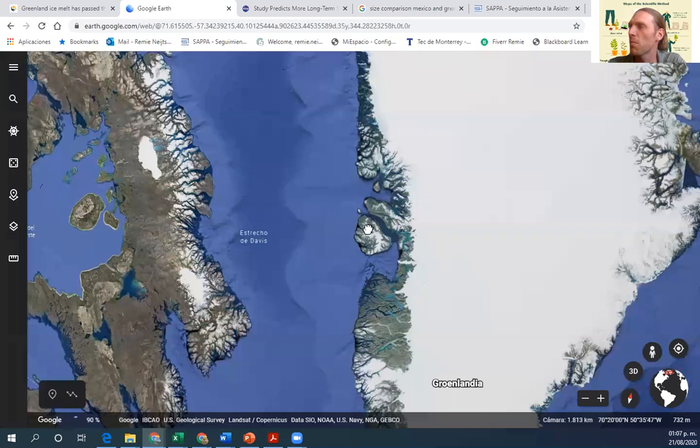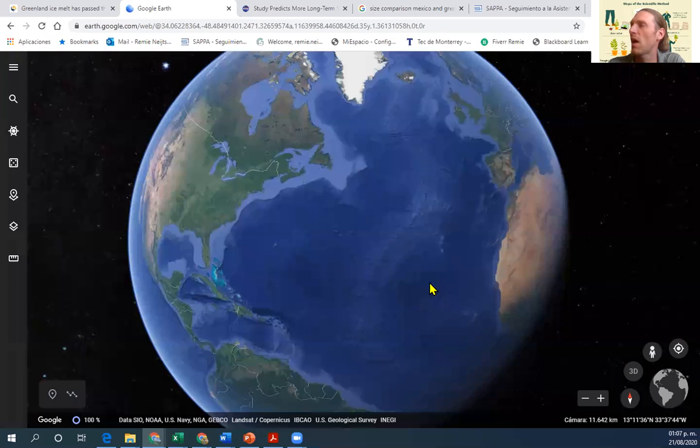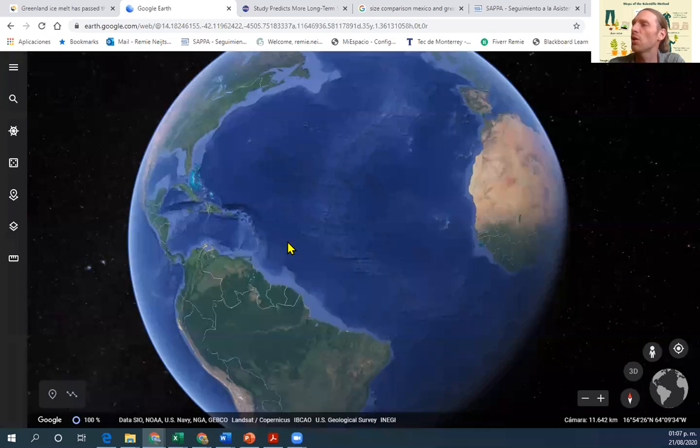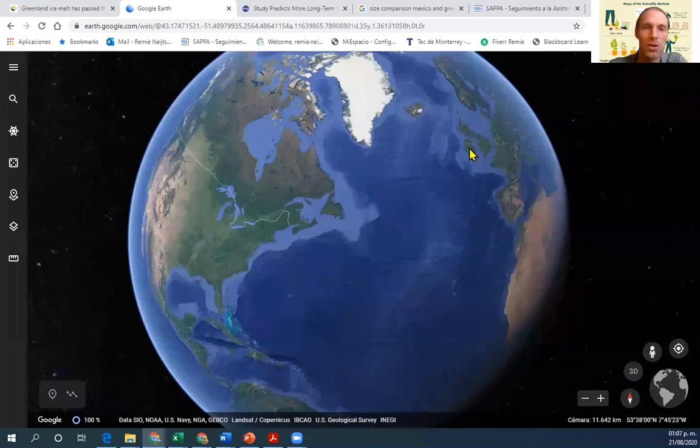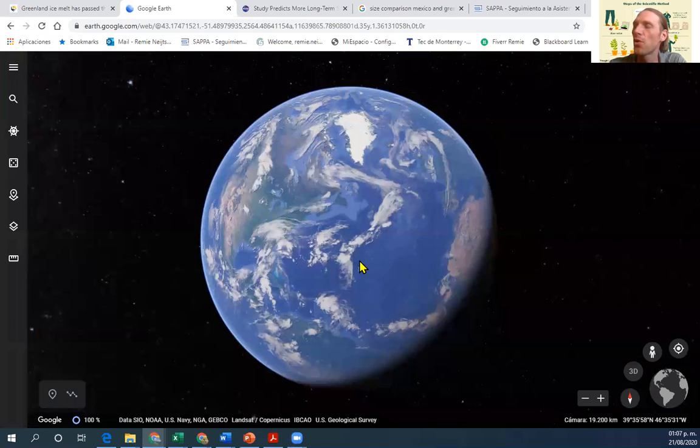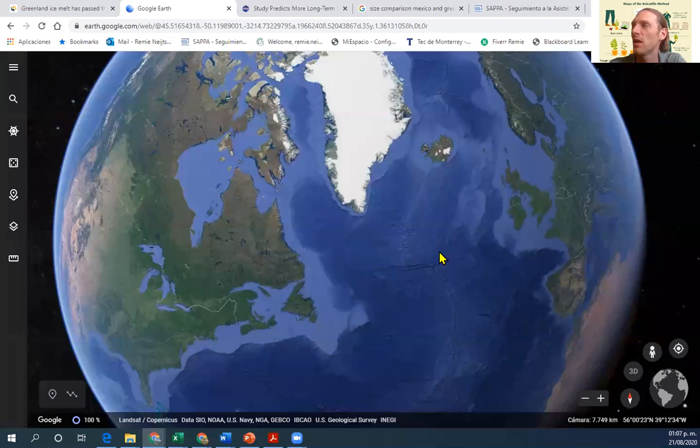This is problematic because what we have here is Atlantic water, which is hot, which goes to Mexico and the Caribbean. It takes a turn and it then goes to Europe. It's called the Gulf Stream. This Gulf Stream is responsible for a lot of the vegetation types and the climate that we have in the world.